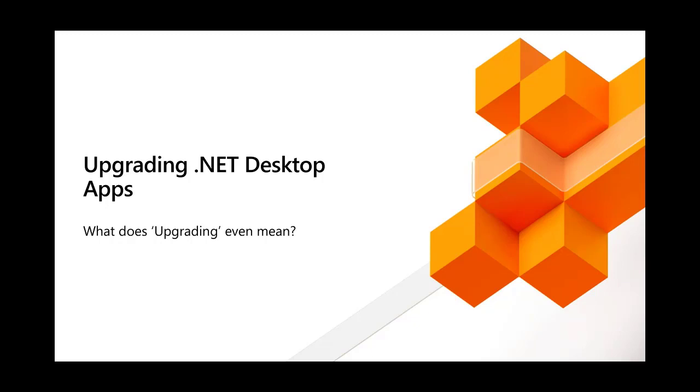So the team went back, and now many of the features that are available in UWP are available for WPF and WinForms apps. Upgrading in this context means bringing many of the features of UWP to WinForms and WPF.